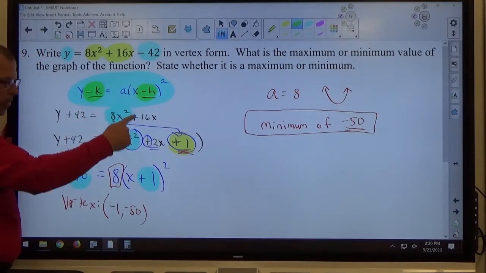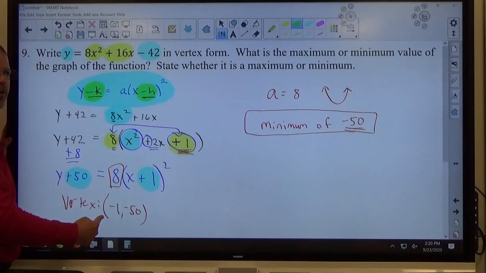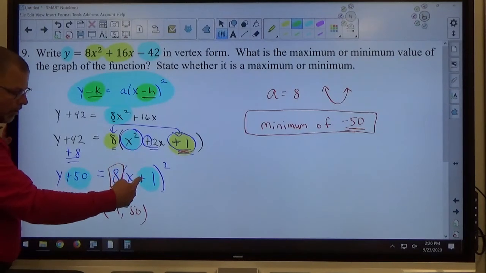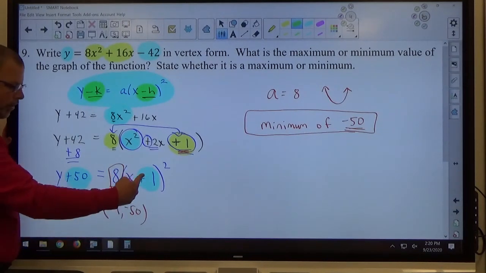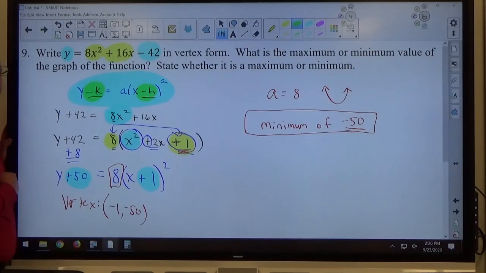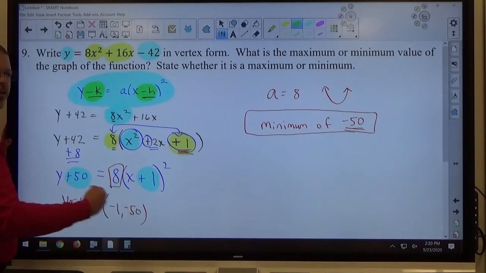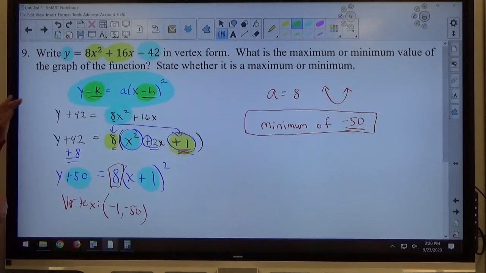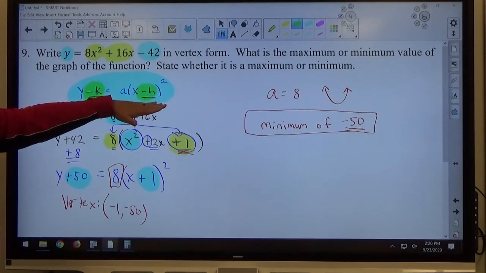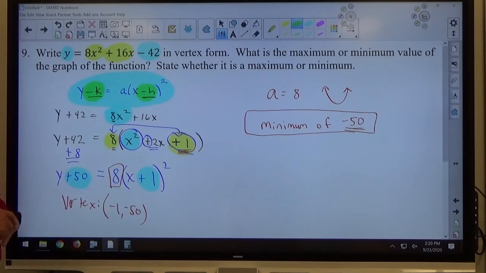So whatever sign's in the problem, the opposite sign is what you should be using. If they were negative, then it would be positive. If that said -1, this would be +1. Whatever this is, change it. Whatever this is, change it. X goes first, y goes second. But again, because the formula says minus, that means the signs are wrong. Once you get the formula, you just change the signs.